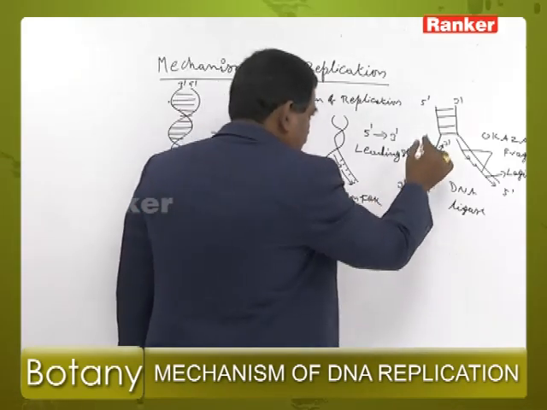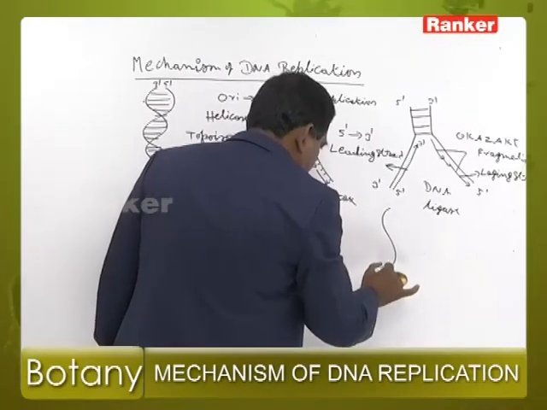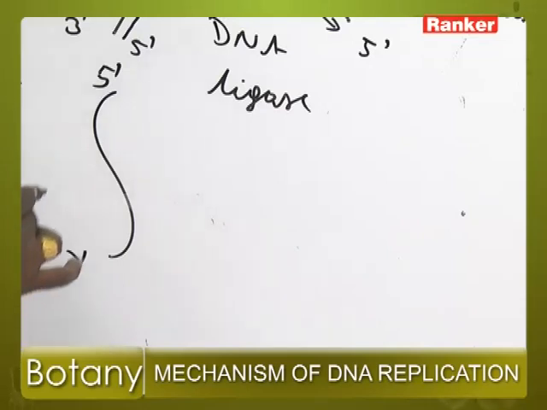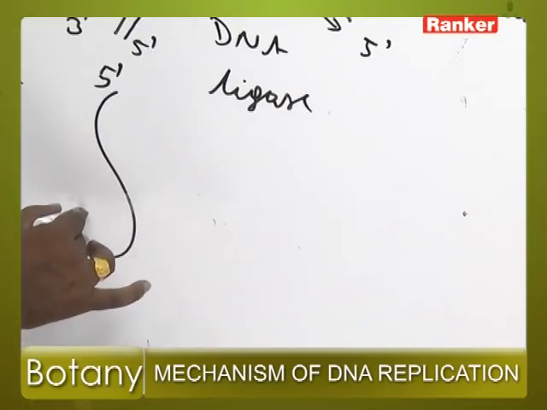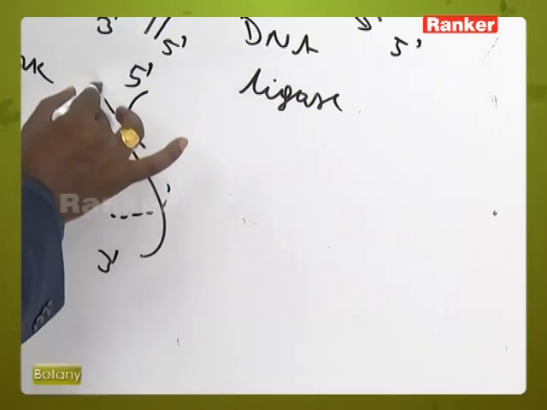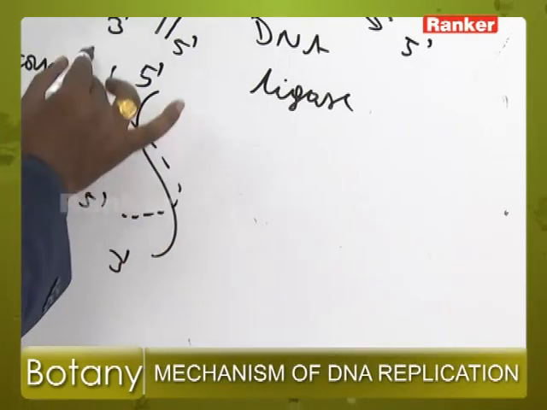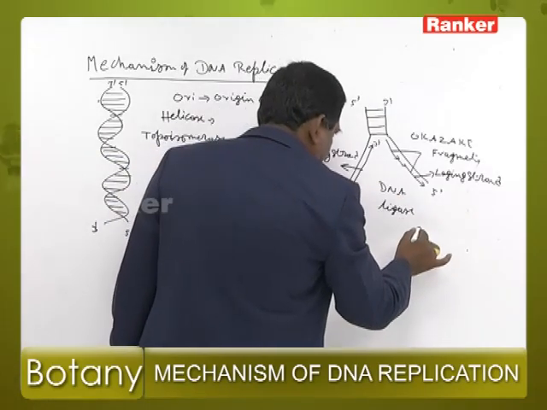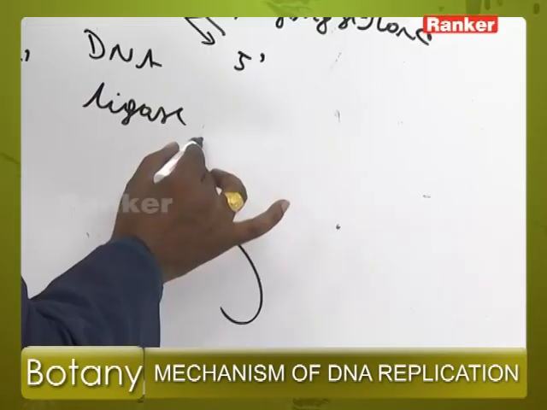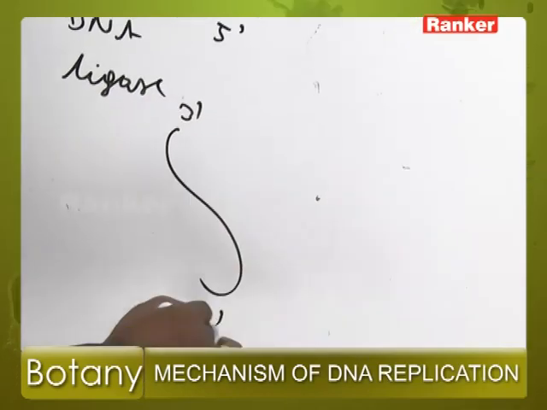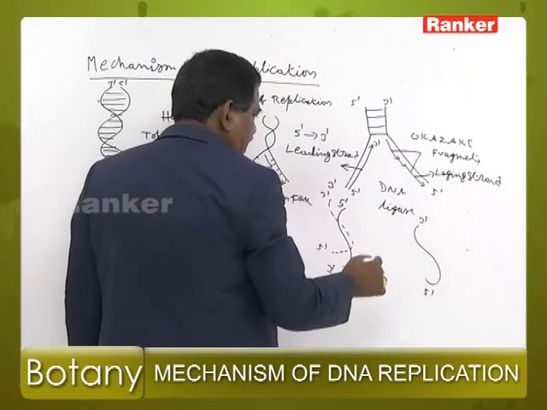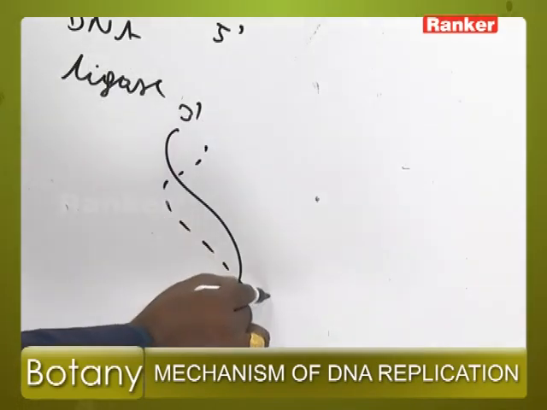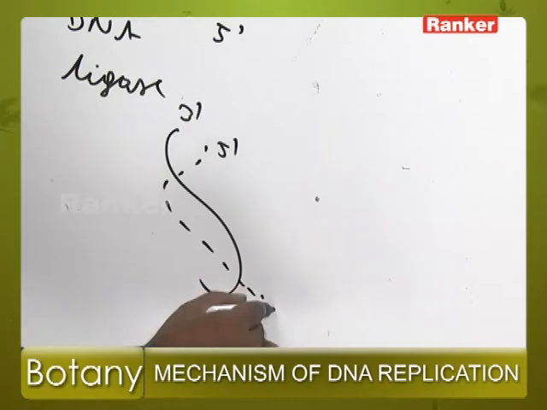So finally, one template strand that separates runs 3' end to 5' end direction, and the new strand that is synthesized runs 5' to 3' direction. For the other, the new one is also synthesized in the 5' to 3' direction.